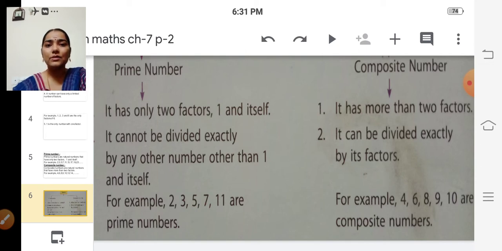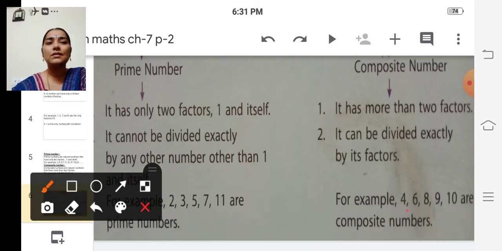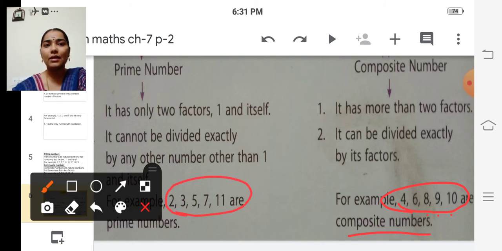These are the composite numbers: 4, 6, 8, 9, 10 are composite numbers. These numbers can be exactly divided by all its factors, and these prime numbers can only be exactly divided by 1 and the number itself.